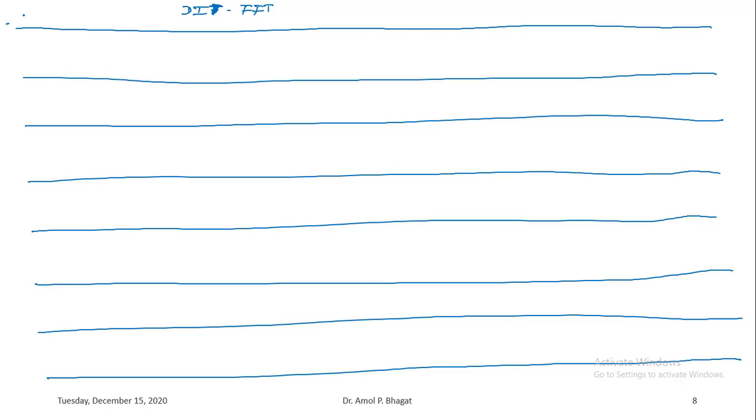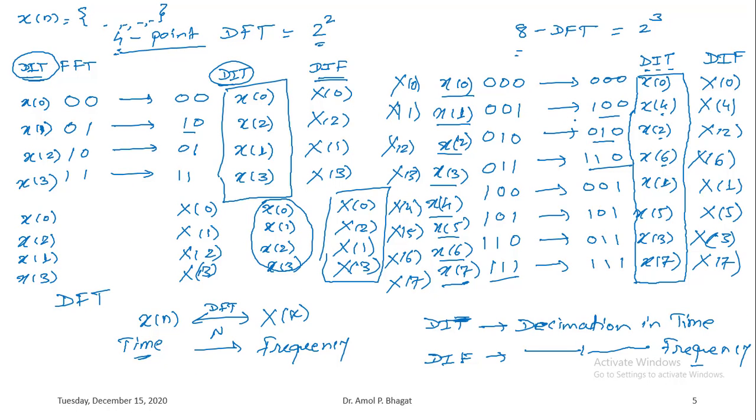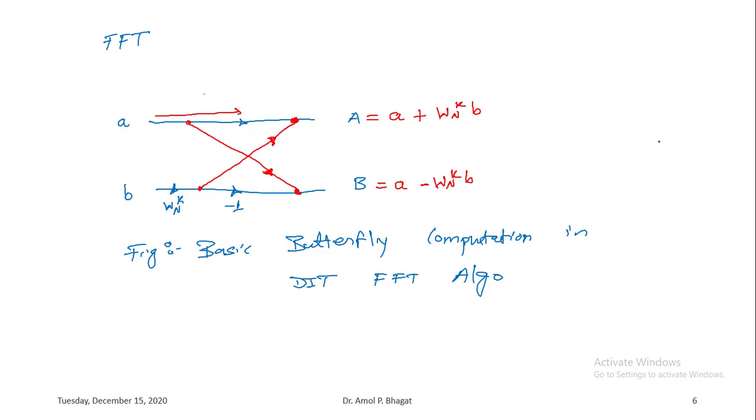What was the sequence for that? When you are using DIT-FFT, inputs will be in bit reversal order, that is x of 0, x of 4, 2, 6, 1, 5, 3, 7 will be applied.